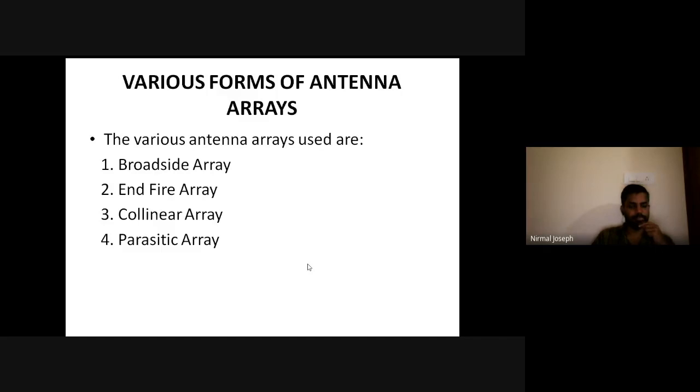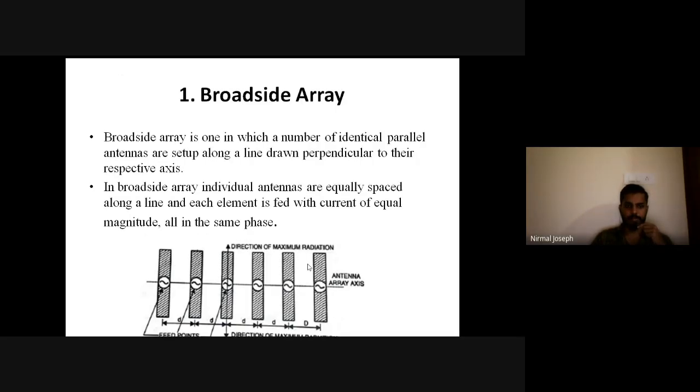We will see this one by one, and just refreshing things, we can see first what is a broadside array. A broadside array is one in which a number of identical parallel antennas are set up along a line drawn perpendicular to their respective axes.